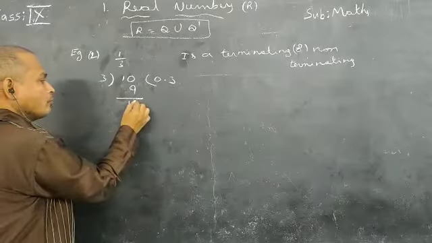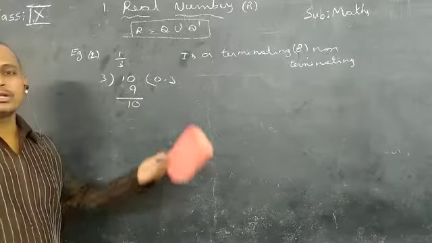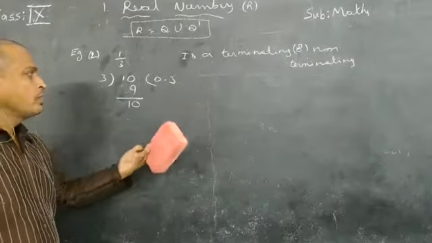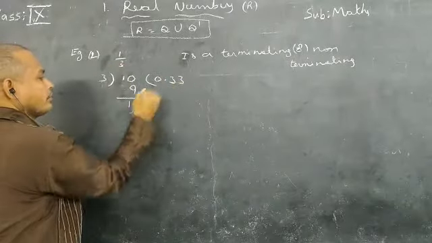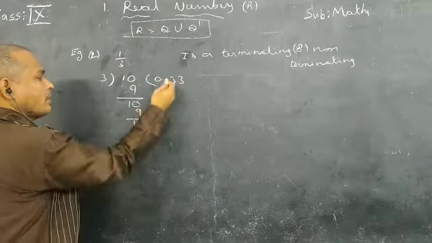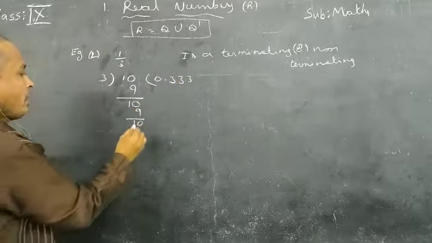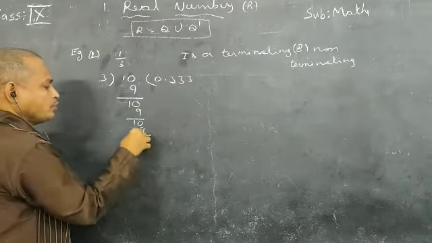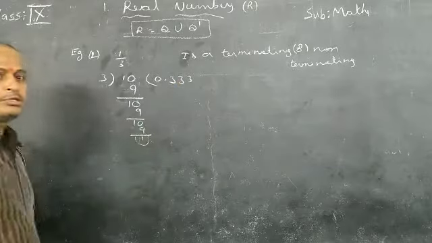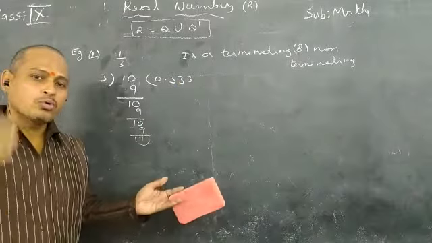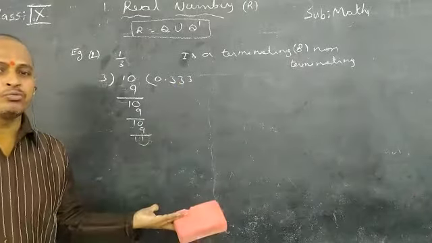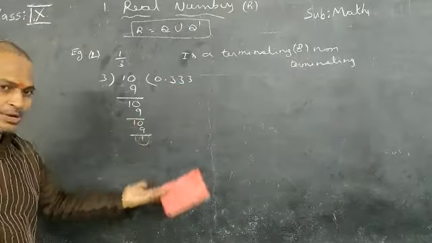With the point method, we again put a 0. Again 3 times, again 9, again remainder 1. Again we make it 0 and again 3 times, 9. So the remainder never becomes 0. This is a repeating decimal.